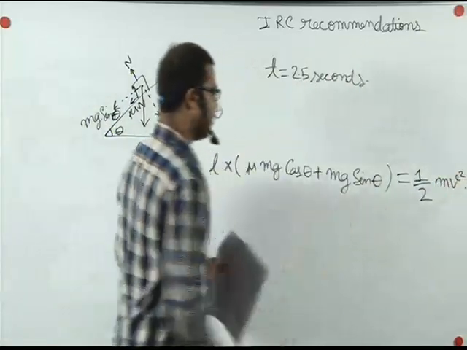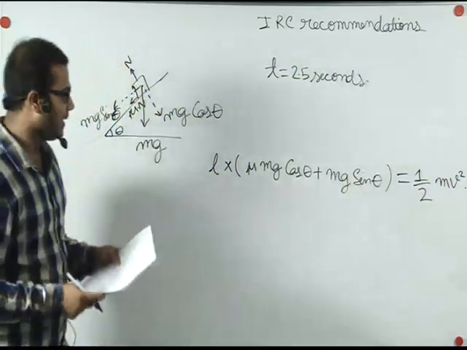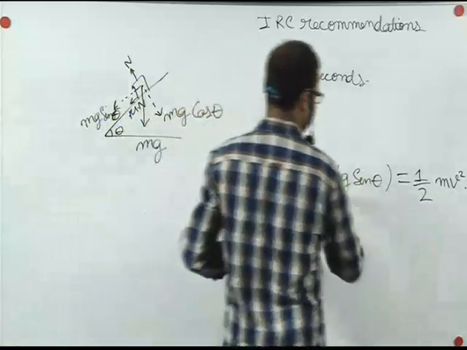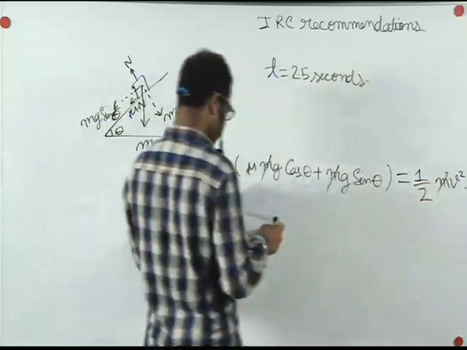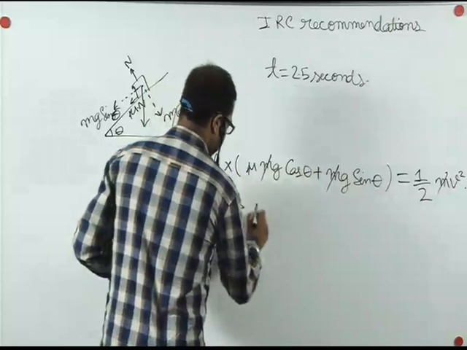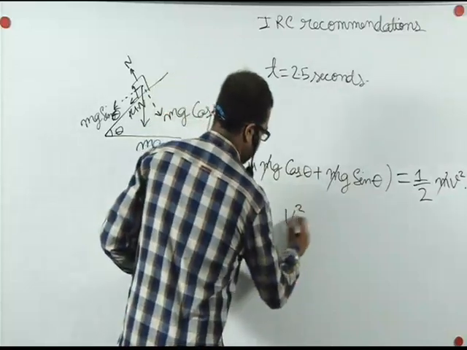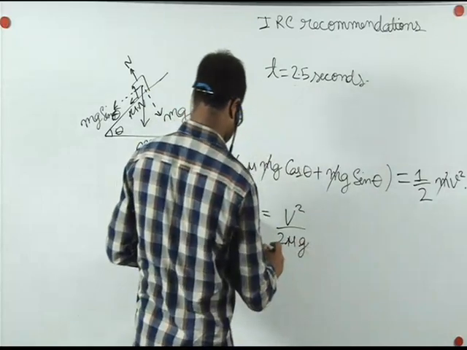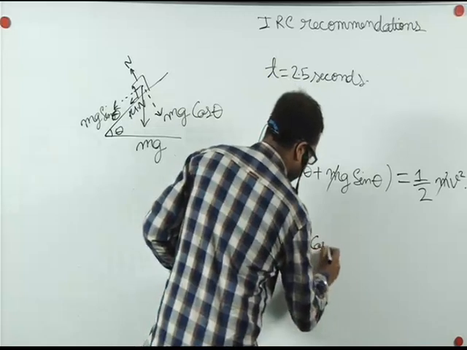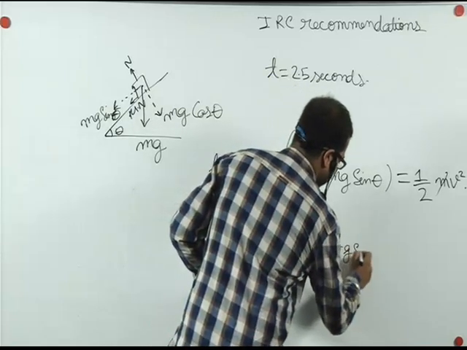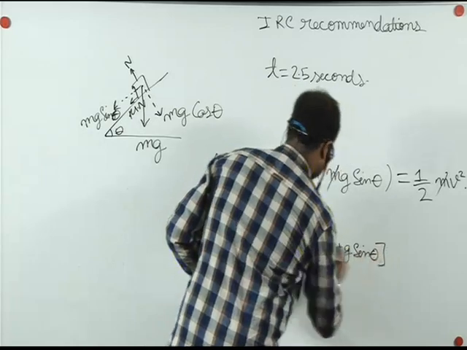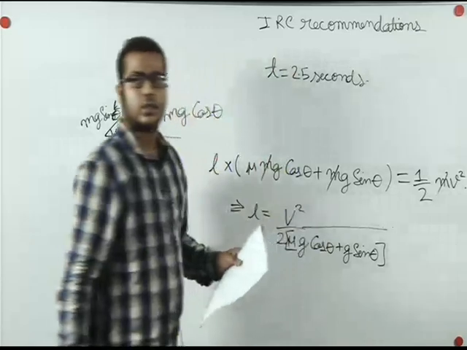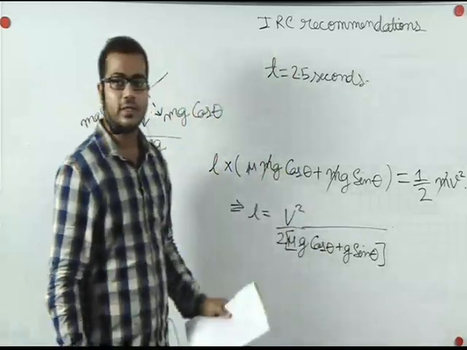Now here m and m we can cancel very easily, and thus L can be equated as V square by 2 g times mu cos theta plus sin theta. We can get this very easily.